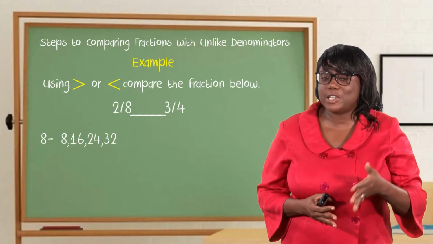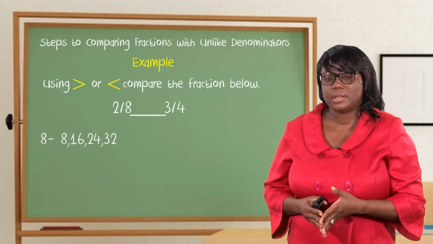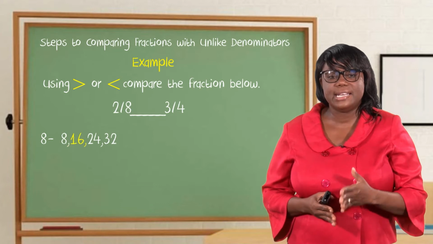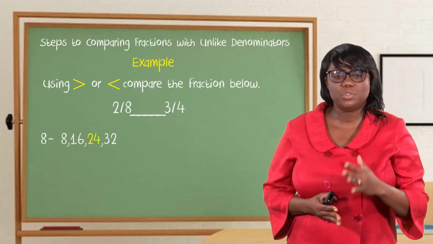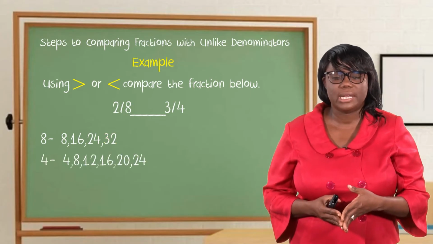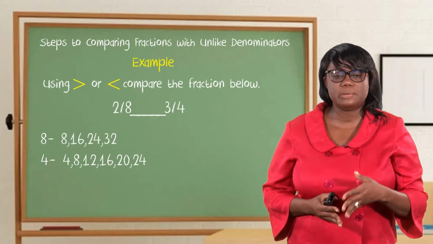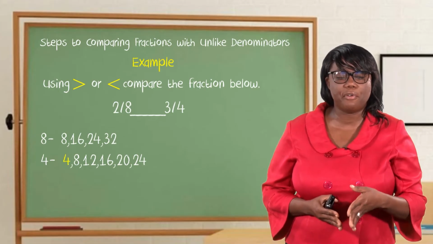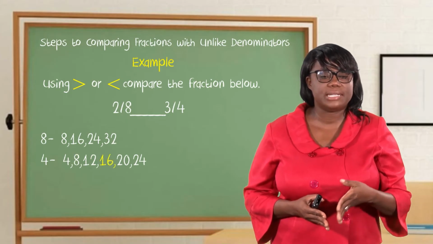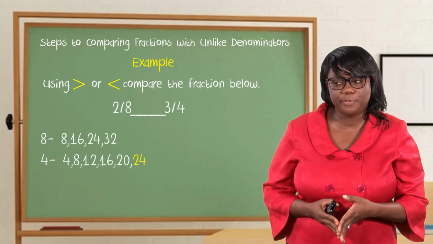So you list just about 6 or 7. So the multiples of 8 are 8, 16, 24, 32. Let's list the multiples of 4. The multiples of 4 are 4, 8, 12, 16, 20, and 24.